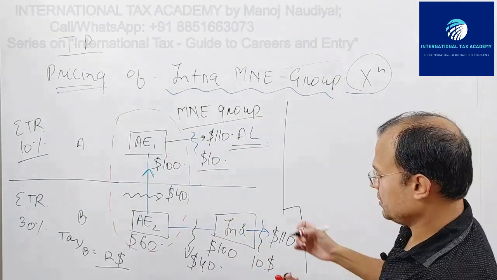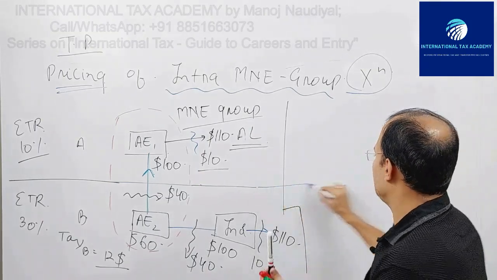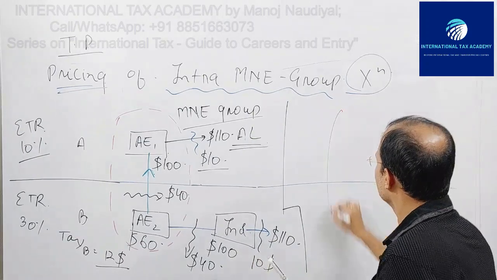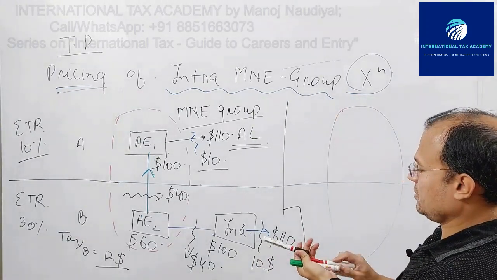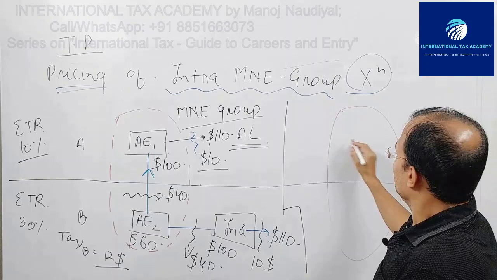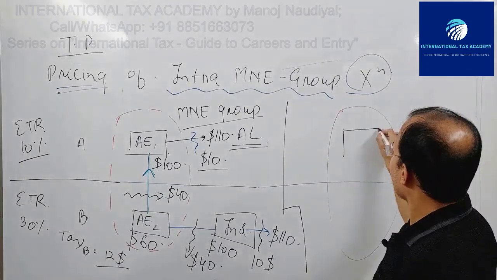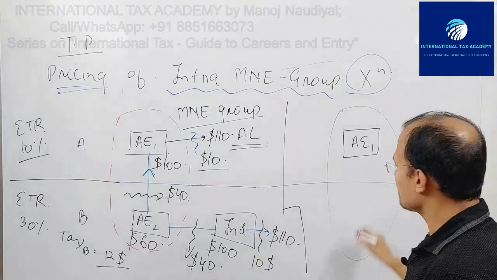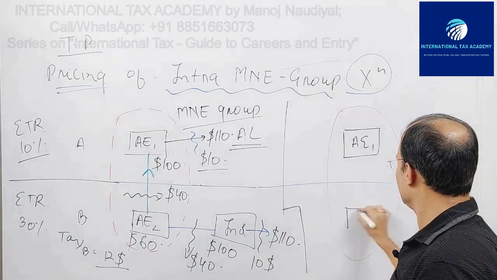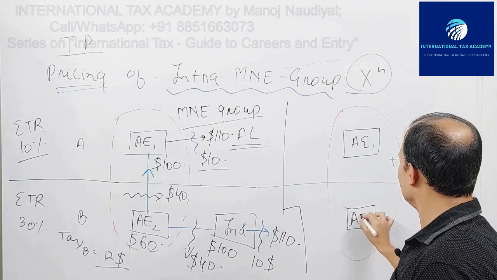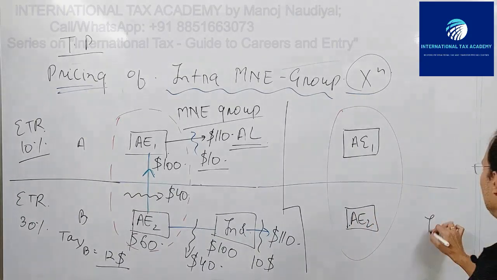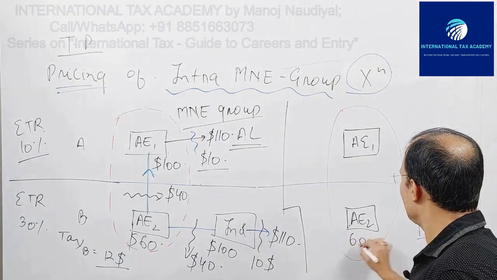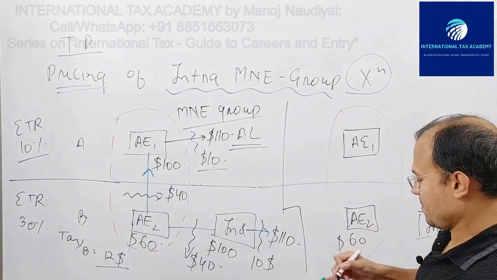Okay, so what happens? You have AE1, you have AE2, you have the independent entity, you have $60 cost.